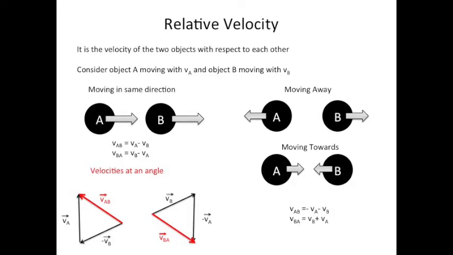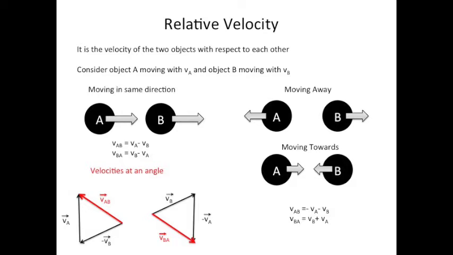Next is a small bit on relative velocity. Now, this is the velocity of one object with respect to another. So let's take two objects A and B having VA and VB velocities respectively. So let's study different cases. When two objects are moving in the same direction, then velocity of A with respect to B is VA minus VB.